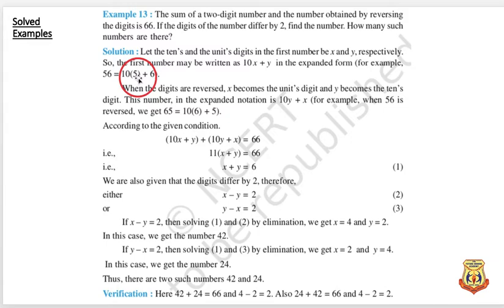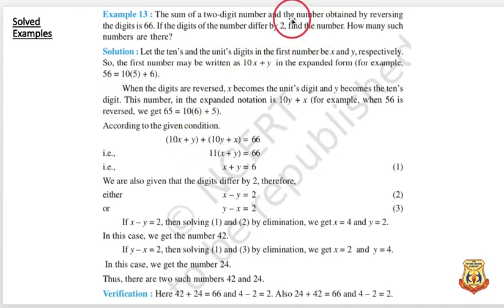Now read it very carefully. The sum of a two-digit number and the number obtained by reversing the digits is 66. The two-digit number is 10x plus y. For any two-digit number, you can use this formula.